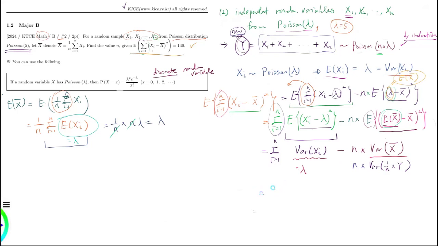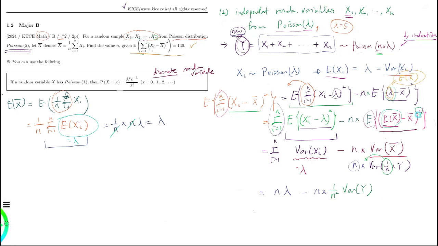So what we have is n times lambda minus n times 1 over n square and the variance of capital Y. The n square comes from this constant factor when it goes outside.